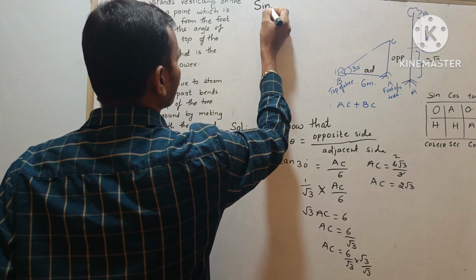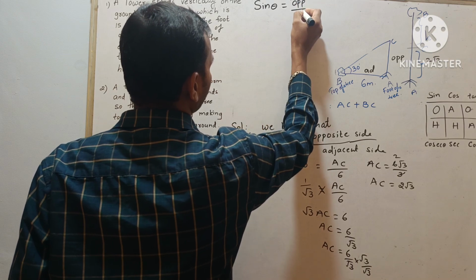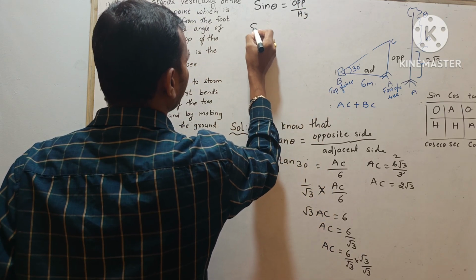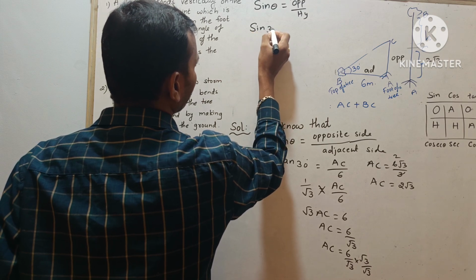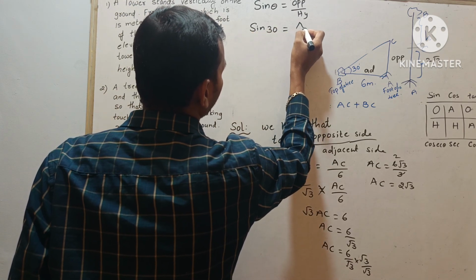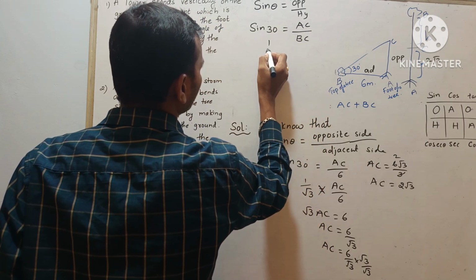Sine theta is nothing but opposite by hypotenuse. That is sine 30 degrees. Opposite is AC, hypotenuse is BC. Sine 30 is nothing but 1 by 2.